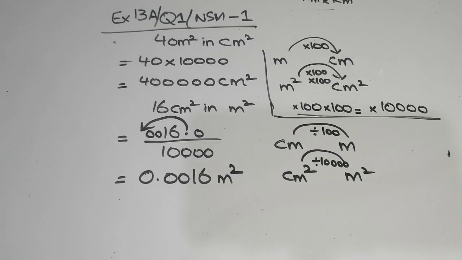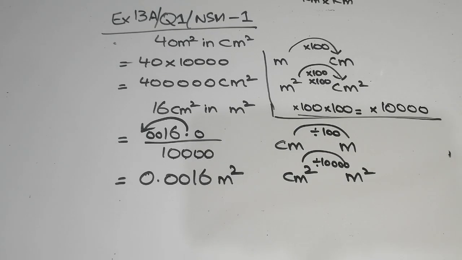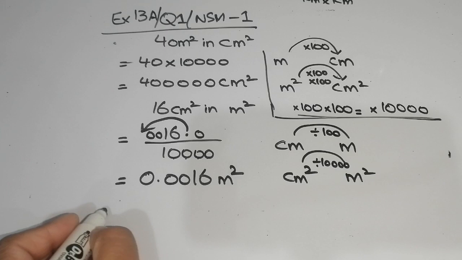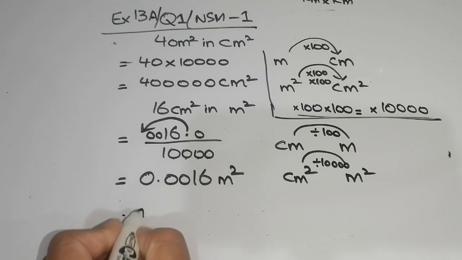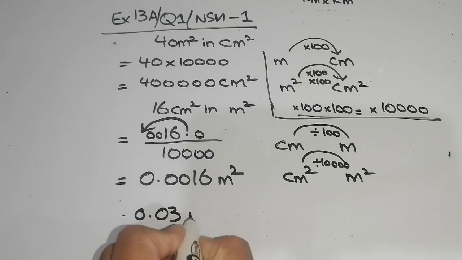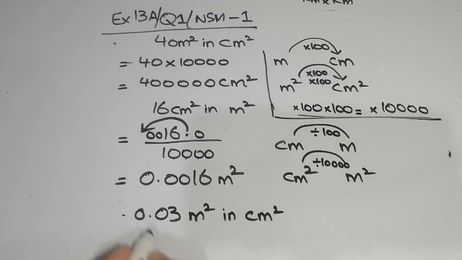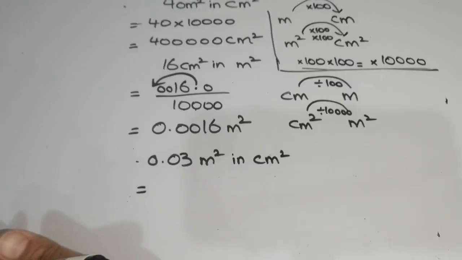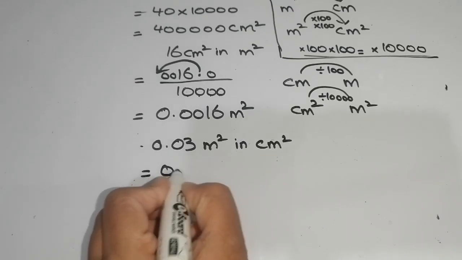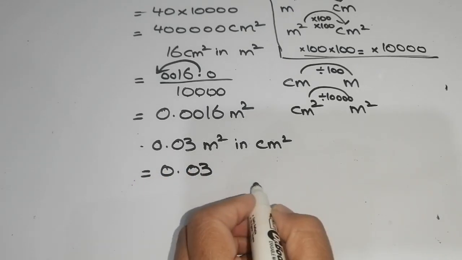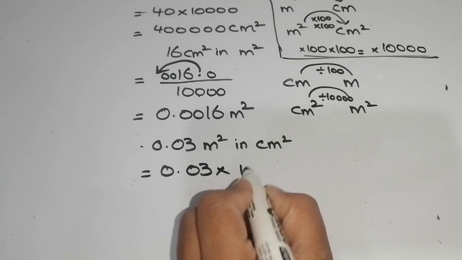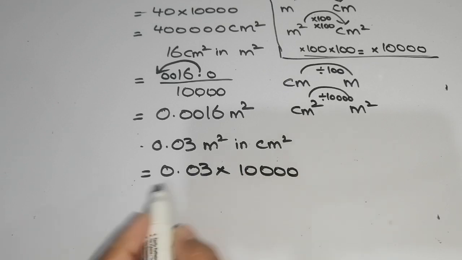So moving on to the C part. C part is 0.03 meter square into centimeter square. We already know that going from meter square to centimeter square, we will be multiplying by 10,000.